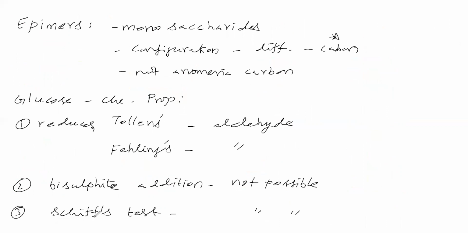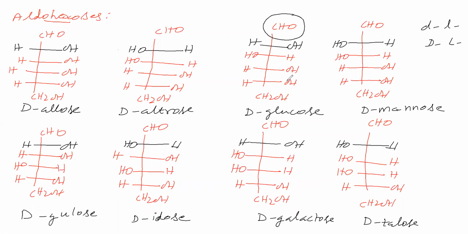Glucose does not give Schiff's test, therefore glucose does not have an aldehyde. Glucose does not undergo bisulfite addition, which means glucose does not have an aldehyde group. One test says glucose has an aldehyde group, and another test says glucose does not. That means glucose has what is called an open structure.